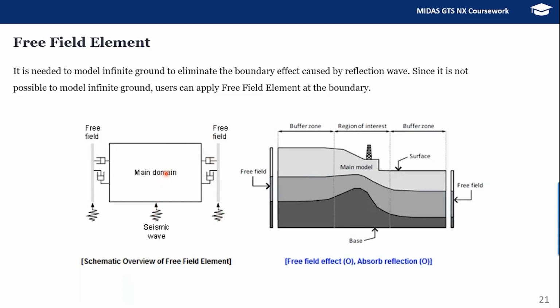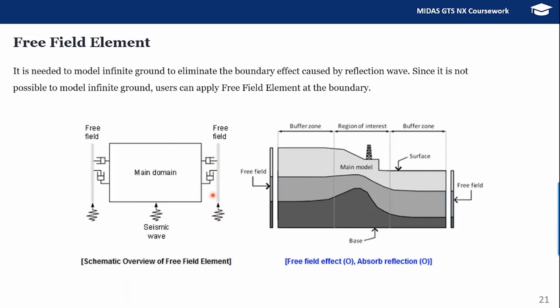The seismic wave, let's say ground acceleration, starts from the bottom and propagates through your domain. When it reaches the boundary, it gets absorbed by the dashpot that is provided. This is similar to your viscous boundary, but the important thing here is that the free field is able to propagate the wave.